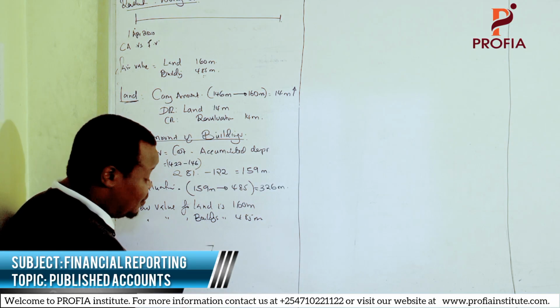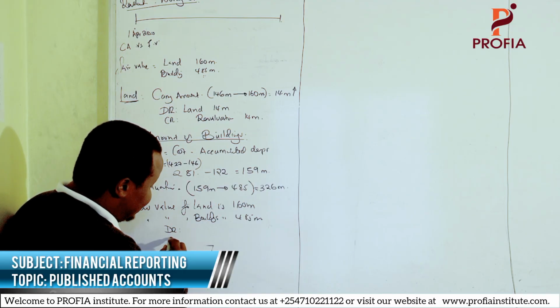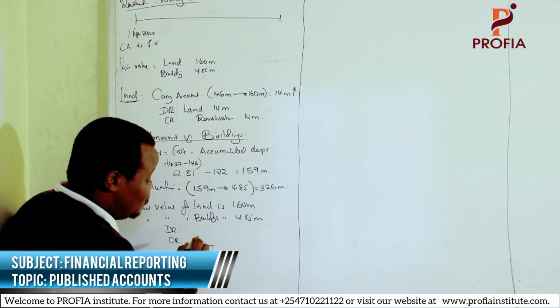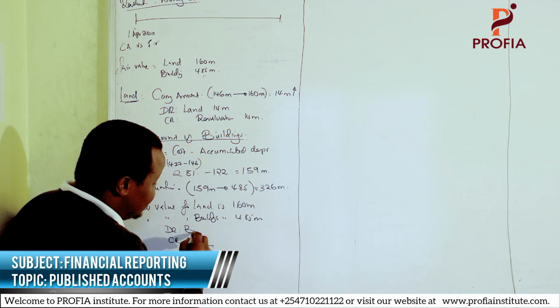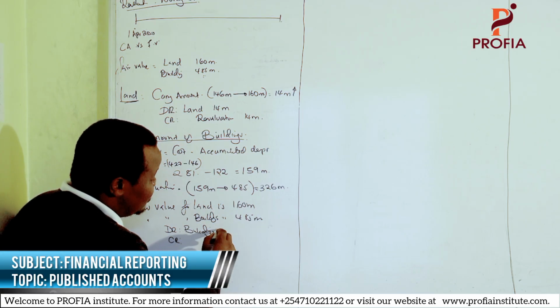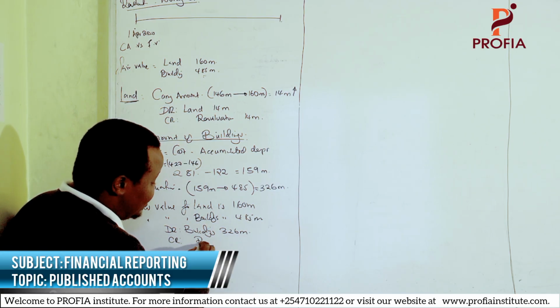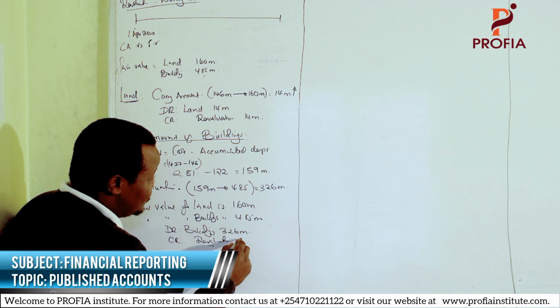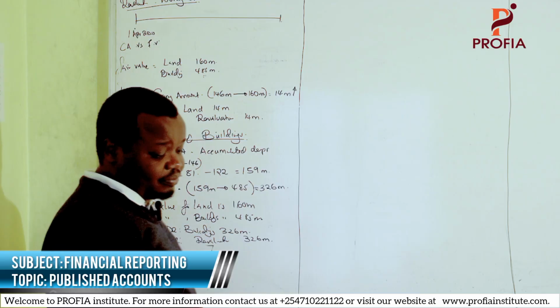In short, for buildings, we debit with the increase. We are supposed to debit buildings by 326 million and credit revaluation by 326 million.